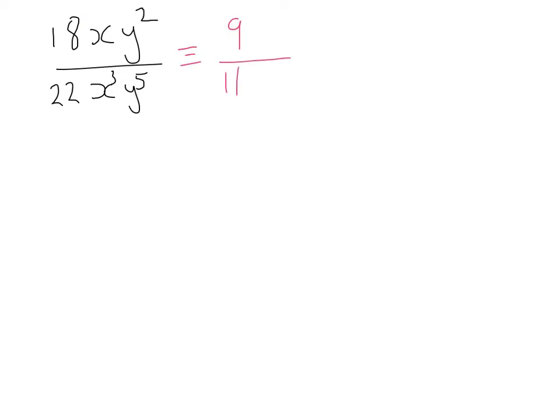Looking at the x's then, the x on top will be cancelled out completely, and x cubed will become x squared on the bottom. And now looking at the y's, again, y squared is lower than y to the power of 5, so that will disappear completely. And y to the power of 5 will become y cubed.